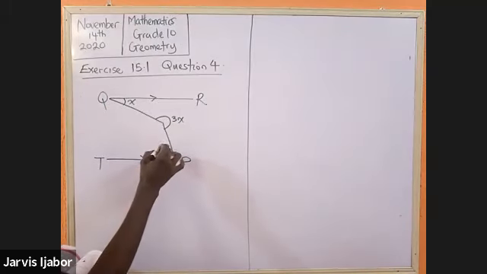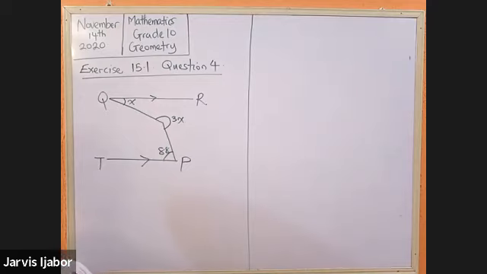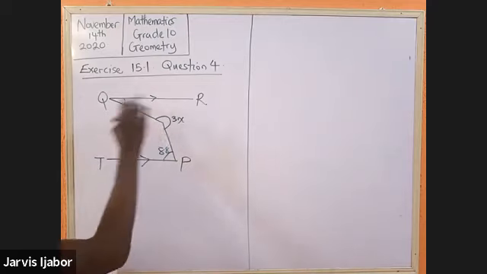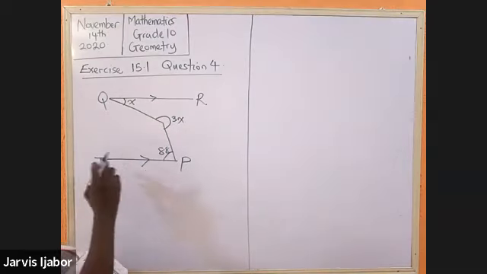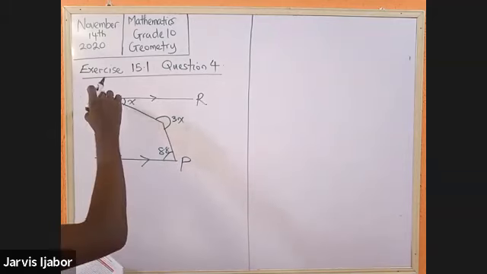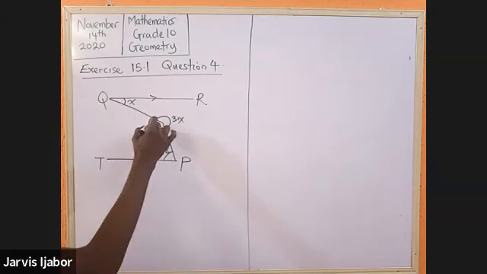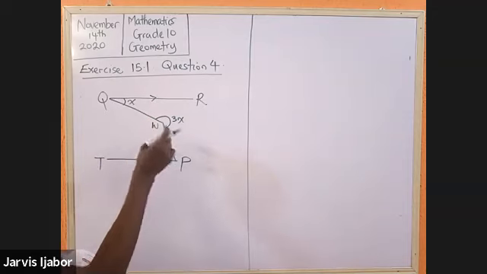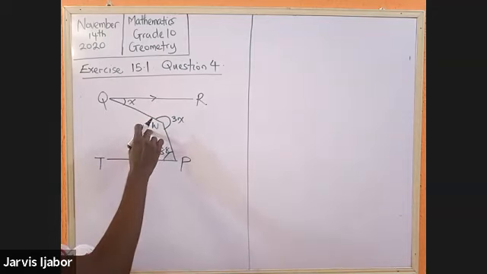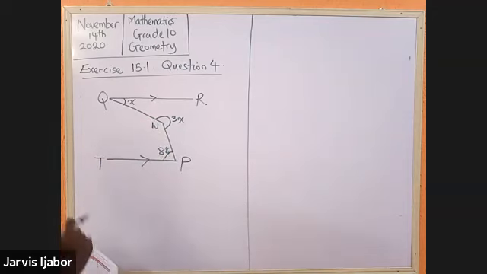The whole of this angle here is 88. Now we are told that QR is parallel to TP, and the angle WPT is this angle, 88 degrees. Now you're told to find the value of x. This happens to be a formal geometry question. We're told to find the value of x.